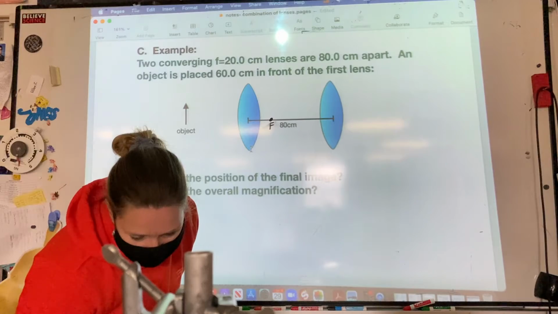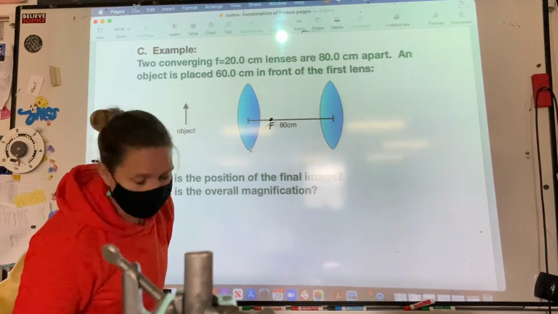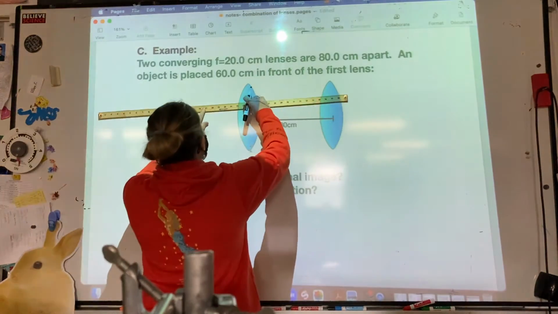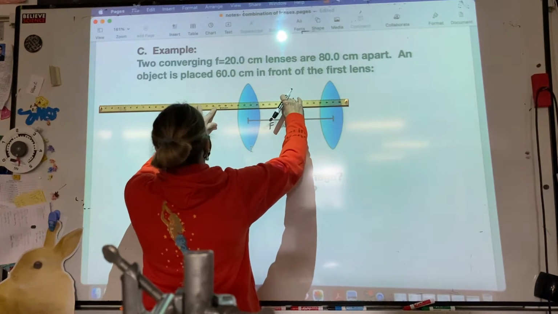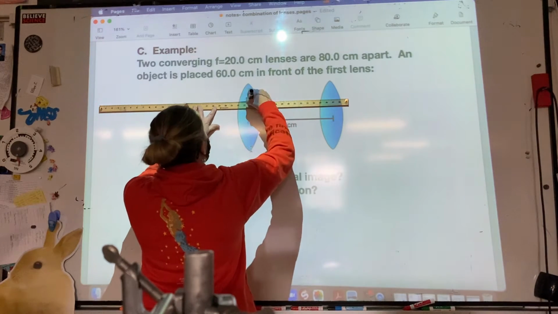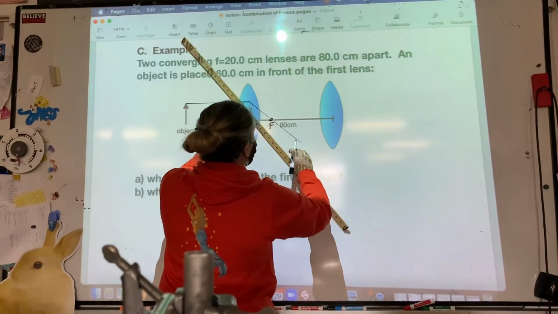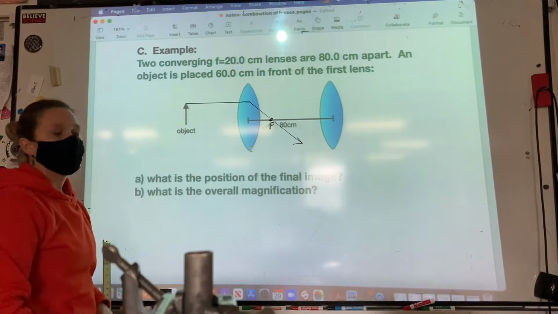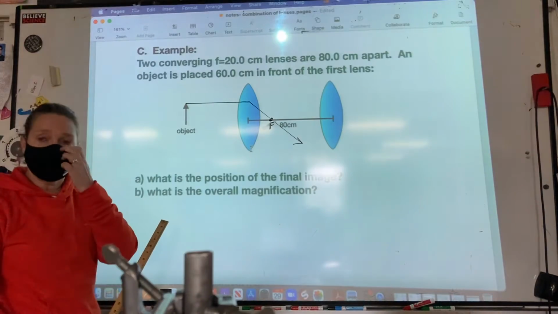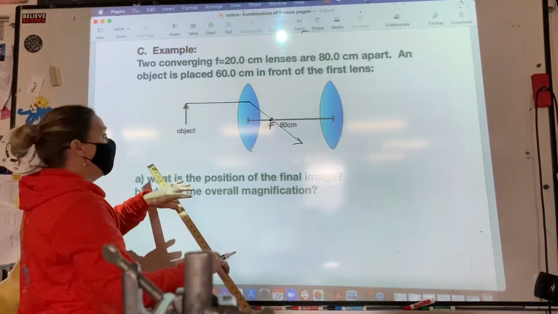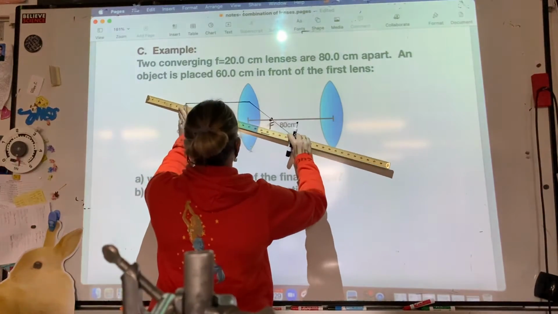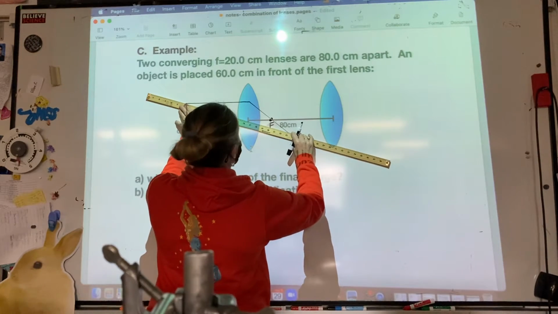That's an F. So, a ray parallel through the focal point. And let's do the other easy one at this point, which is going through the center of the lens.